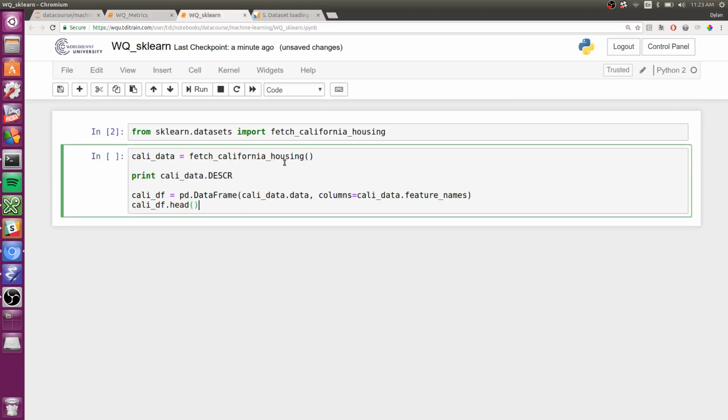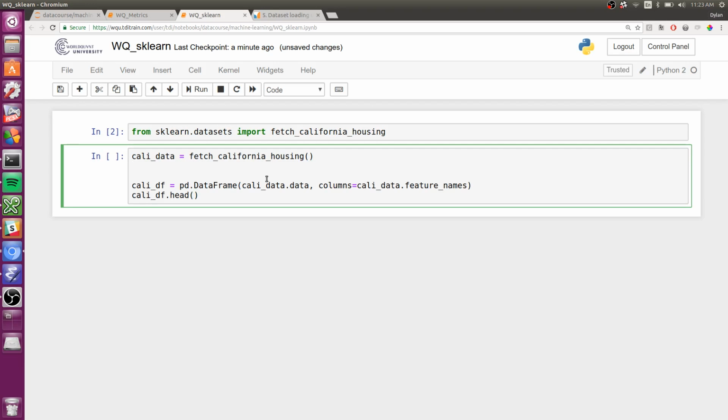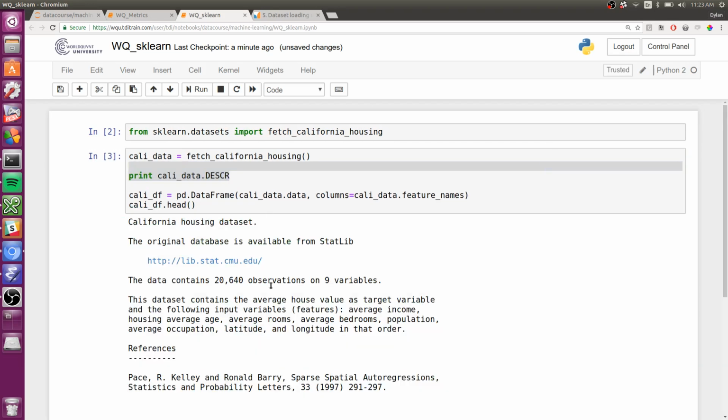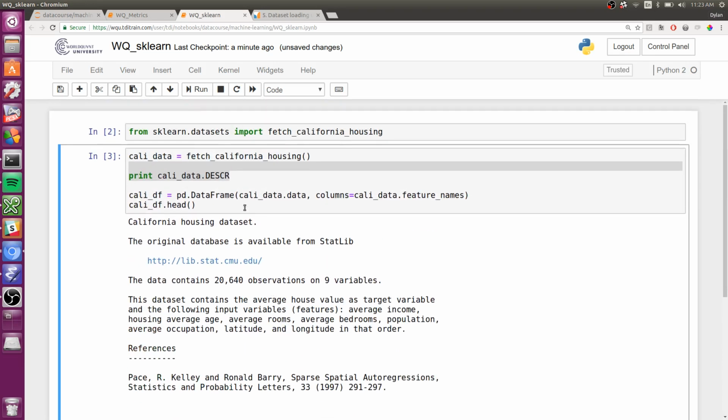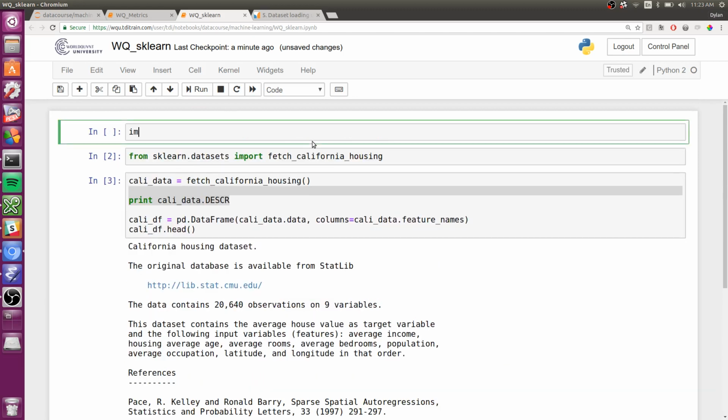So I'll be first working again with the California housing dataset. In case you forgot, yes, we'll need pandas.